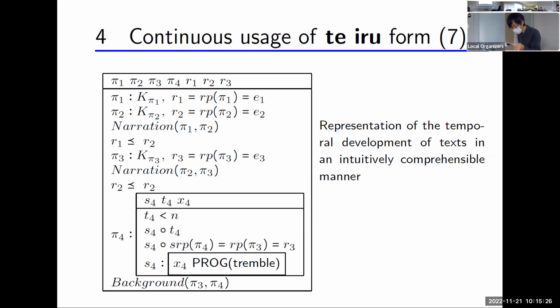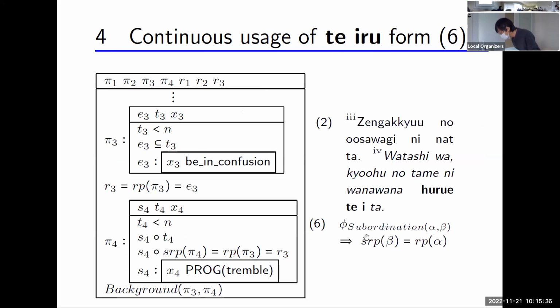It creates the reference point of the former SDRS as a super reference point of the latter SDRS. So with this rule, SRP, sister reference point of pi 4, is the reference point of pi 3. That is actually R3. So that means that as a result, S4 overlaps with R3. This is what this rule does.